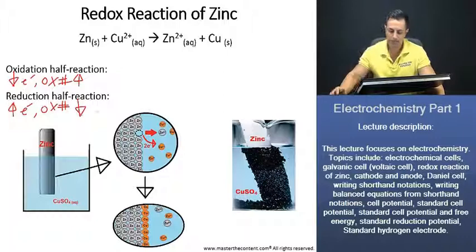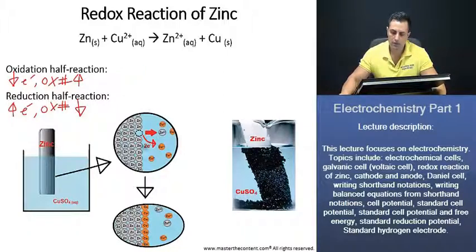Okay, so here we see that the copper ion is going to be gaining the electrons, and it's the zinc that's losing the electrons. We know that it's our zinc that's going to be getting oxidized, and it's our copper that's going to get reduced. Thus, for our reaction up here, let's go ahead and write the oxidation half-reaction and the reduction half-reaction.